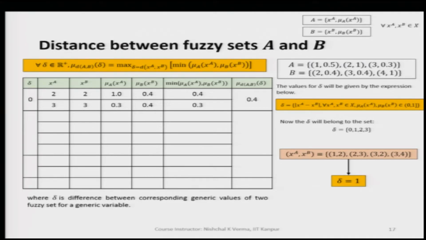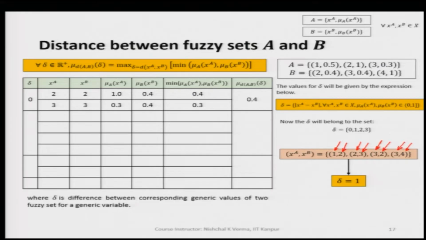We have 1 from fuzzy set A and 2 from fuzzy set B, then another pair 2 3, where 2 is from fuzzy set A and 3 is from fuzzy set B. Similarly, we have 3 2 as the third pair, where 3 is from discrete fuzzy set A and 2 is from discrete fuzzy set B. The fourth pair is 3 4.